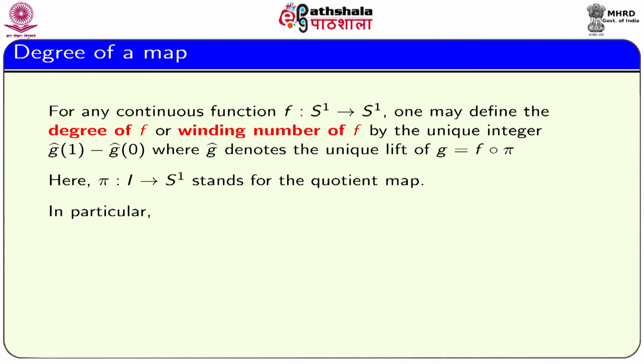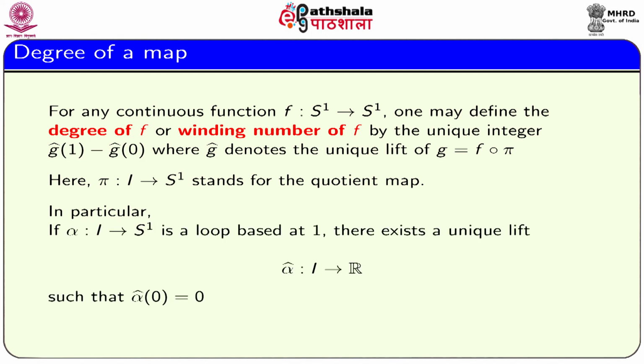That is, for any continuous function f from S1 to S1, we define the degree of f or winding number of f by the unique integer g cap(1) minus g cap(0), where g cap is the unique lift of f composed pi. Here, this pi stands for the quotient map.